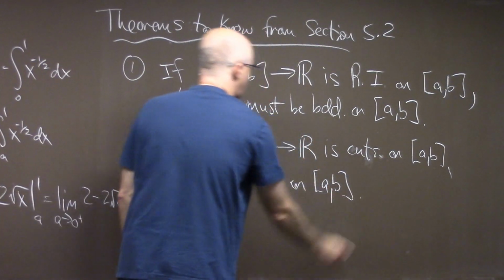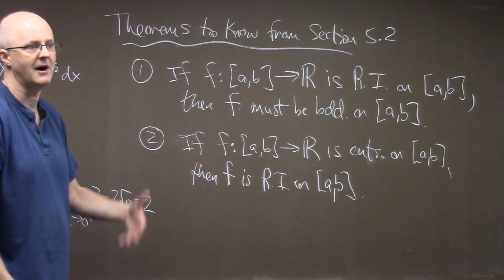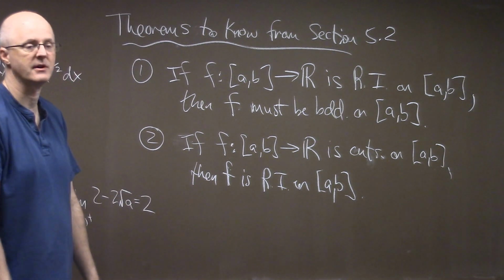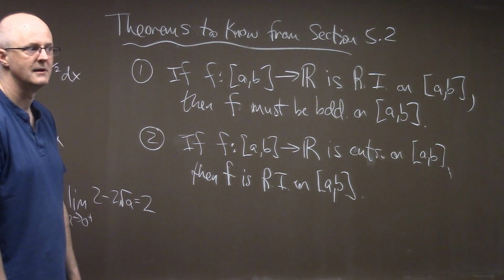So one example of a sufficiently nice function to be Riemann integrable is the class of continuous functions. All continuous functions on closed intervals are Riemann integrable.